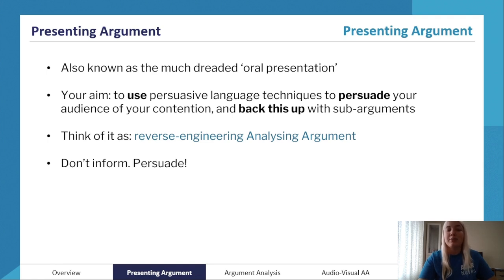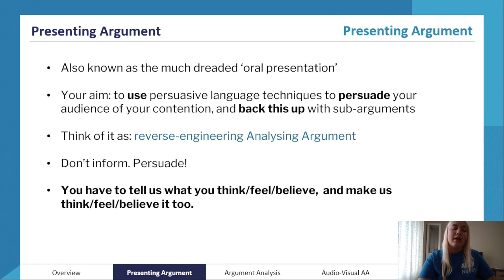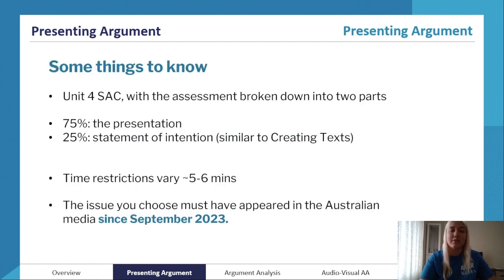And listeners will become disengaged, and your assessor will become disengaged too. Your aim overall is to tell your audience what you think, feel, believe, and make them think, feel, believe it too. So the aim is to be convincing, and you having lots of PLTs to ensure this.